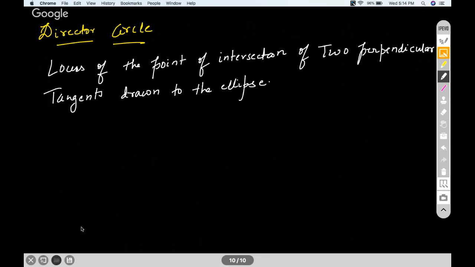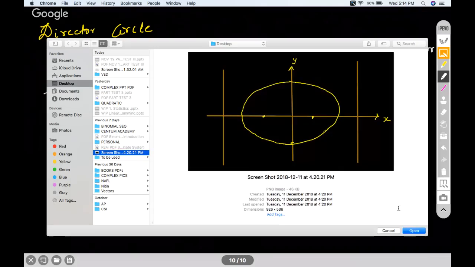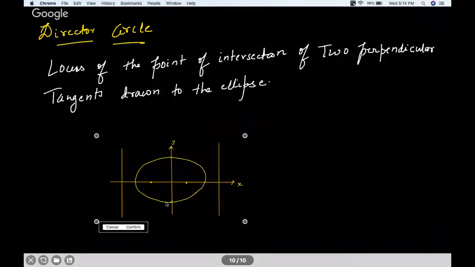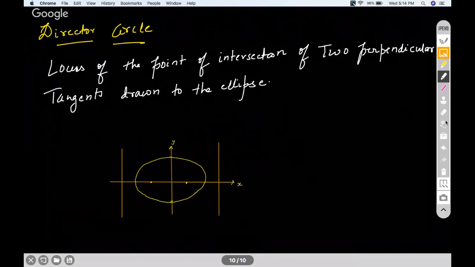So again, assuming this is your ellipse, so the locus of a point h comma k, from where if you draw two tangents to the ellipse, these two tangents will be at right angles.